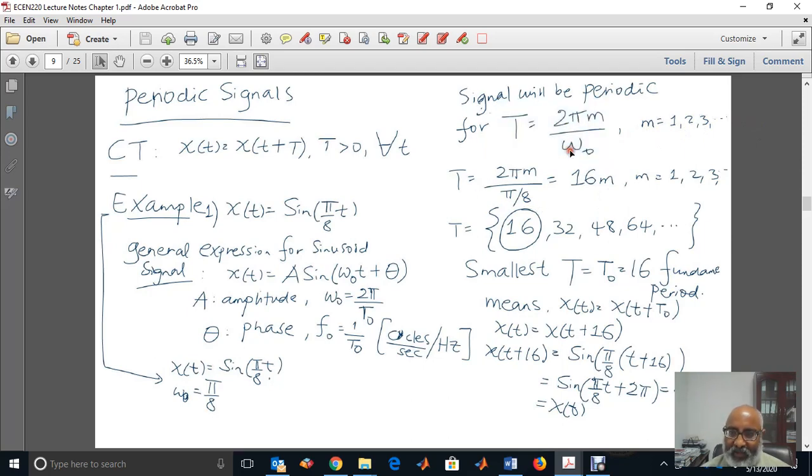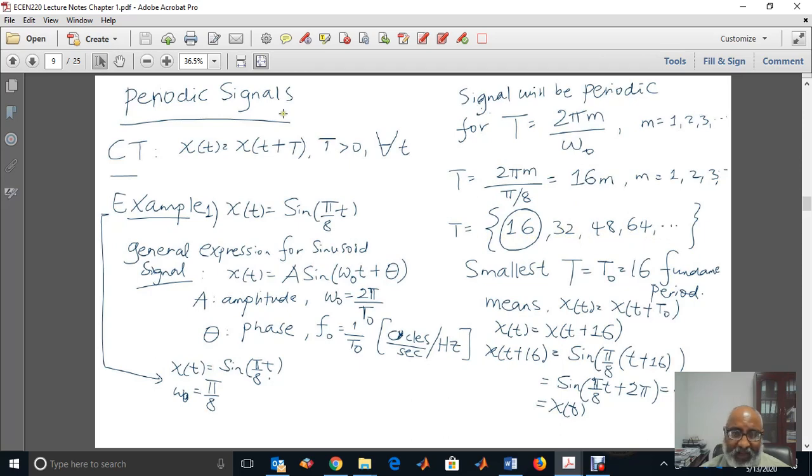So for this example, omega naught is pi over 8, so 2 pi m over pi over 8 gives 16m. When m is 1, 2, 3, I have 16, 32, 48, 64. Note that all these are possible periods.